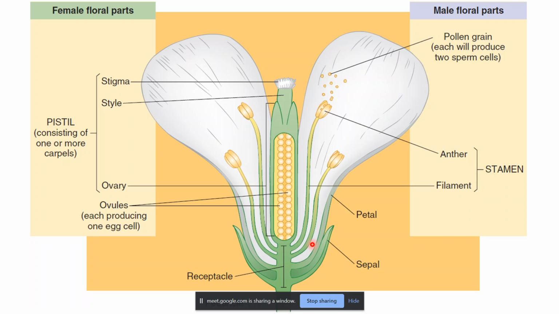And the male reproductive parts are stamens. The stamens consist of the anther and filament.